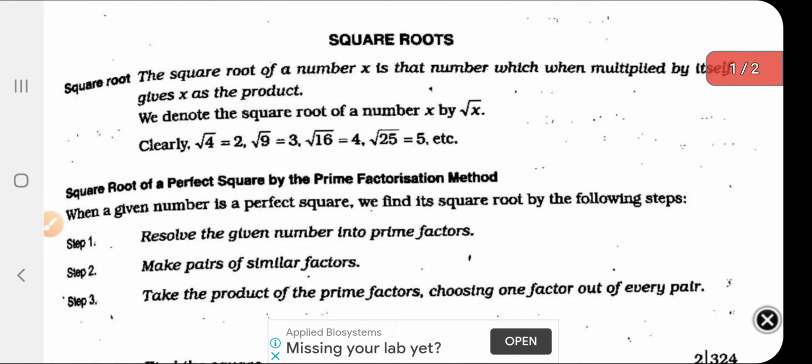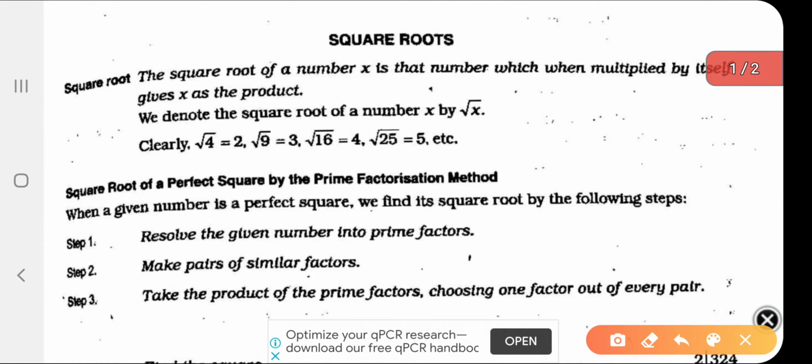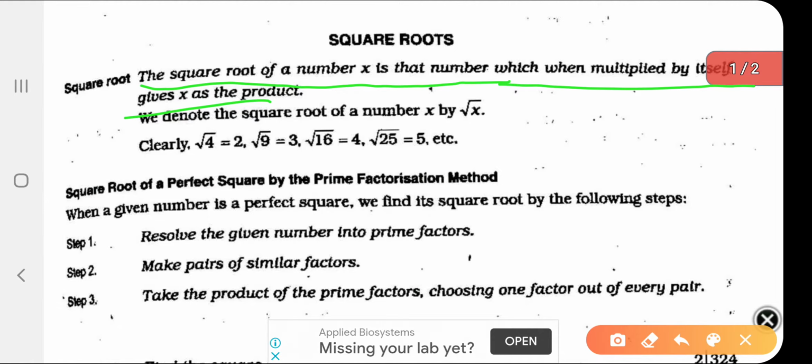Okay, so let's begin. Square root. What is square root? Let's say the definition first. Square root of a number x is that number which when multiplied by itself gives x as a product.